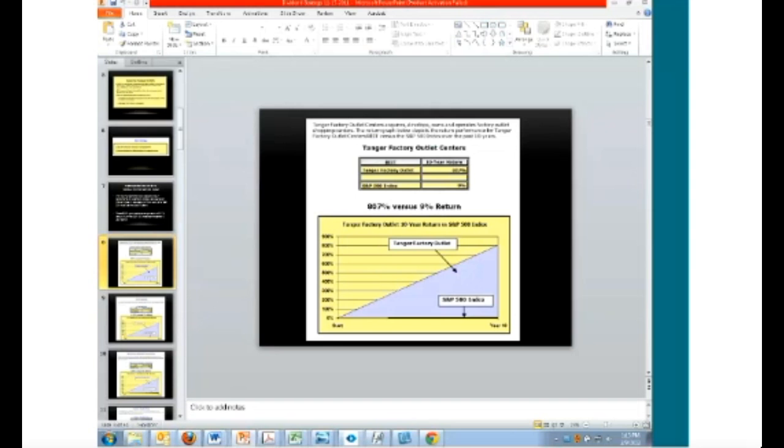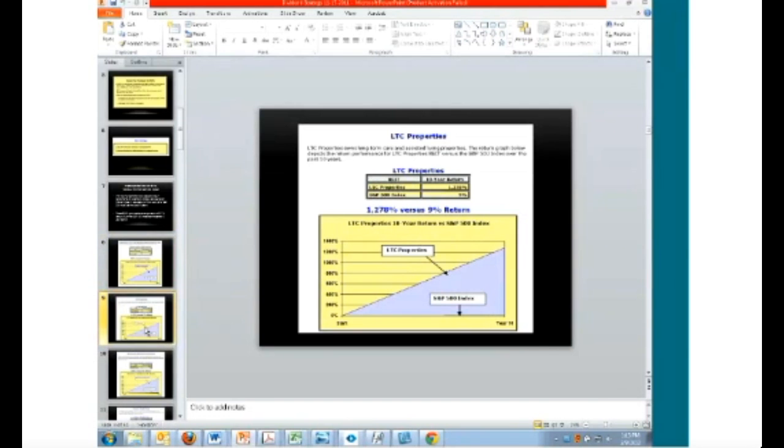So that's a pretty big outperformance. And here's a graph of the profit performance. This is Tanger profits here at just over 807%. And here's the S&P 500 index at 9%. So a big outperformance by this REIT versus the S&P.